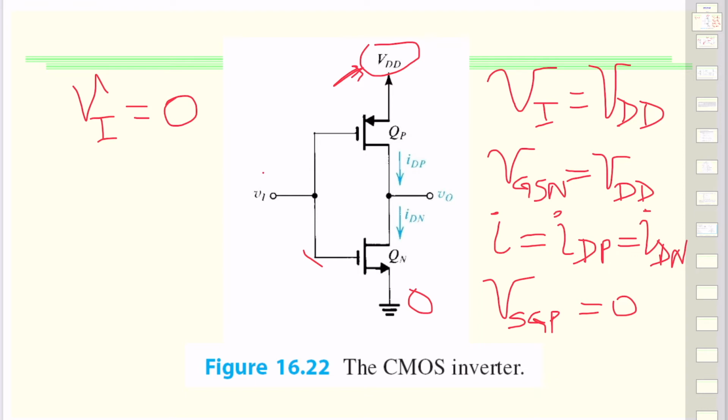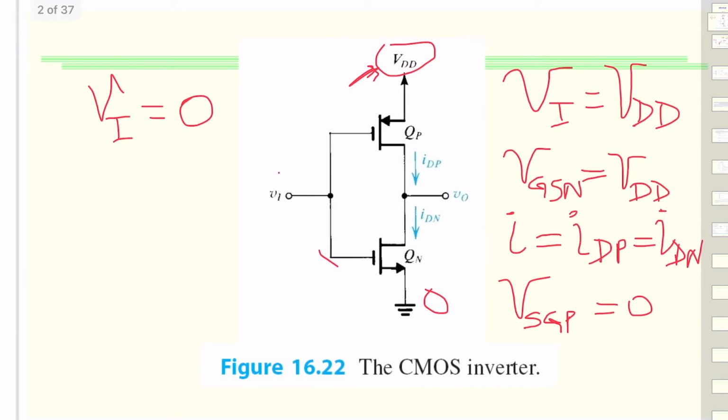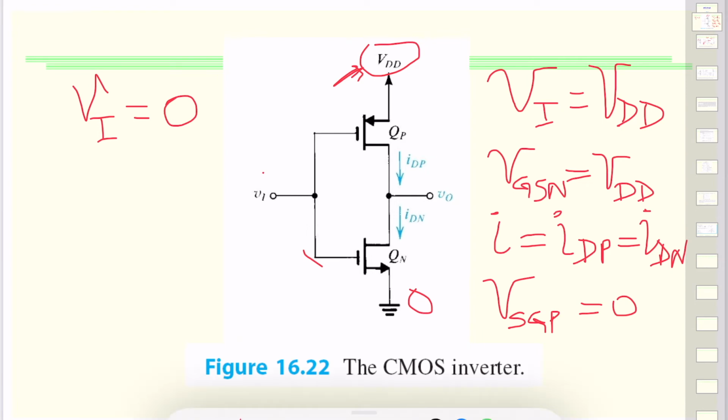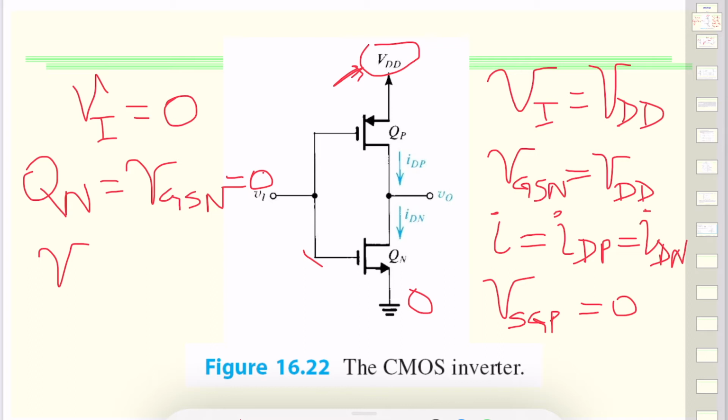Now, in a similar way, when the input is low, in this case, our QN has voltage at gate 0, which means it's open circuit, but the voltage on the source and gate for P type is now VDD.